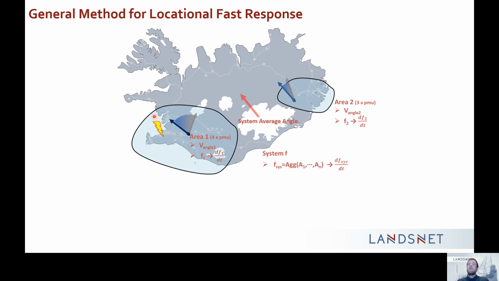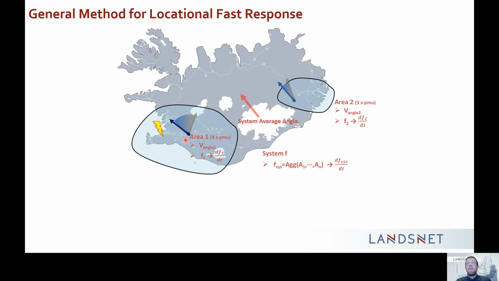Aggregating them together is averaging it out, because using a local PMU, just a rate of change of frequency signal from a single PMU, can be a really noisy and inaccurate signal. But aggregating those PMUs together works as a smoothing function.